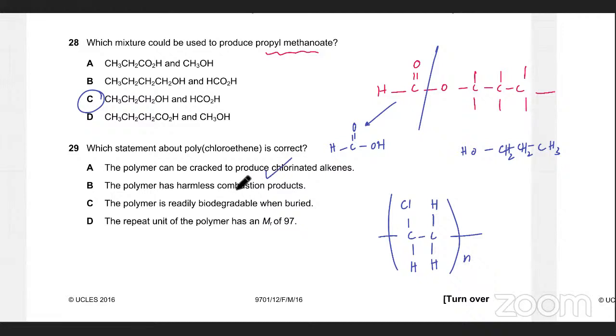It definitely doesn't have harmless combustion products, like carbon monoxide could be produced, HCl could be produced. The polymer is not readily biodegradable. Remember, addition polymers, most of them are not biodegradable.